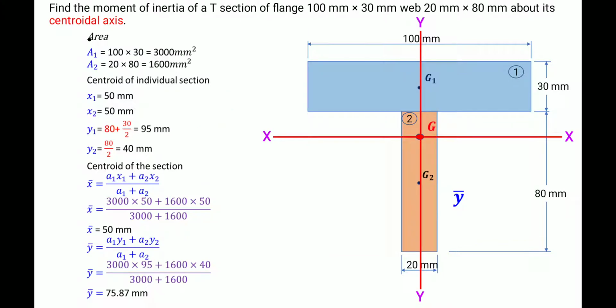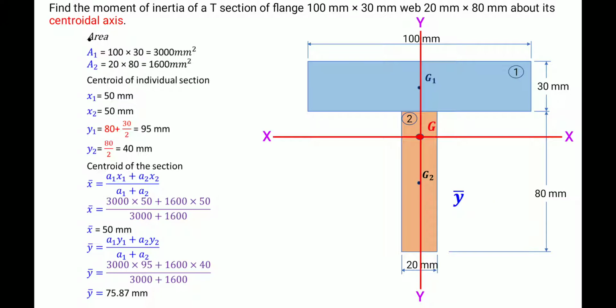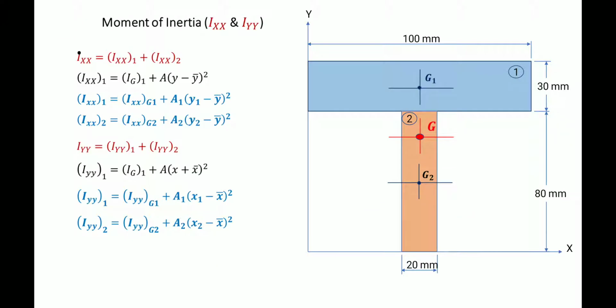So this is the centroidal xx axis and this is the centroidal y axis. About the centroidal xx axis, we have two sections, Ixx1 and Ixx2. Similarly, Iyy also has two sections, Iyy1 and Iyy2, the moments of inertia for section 1 and section 2.